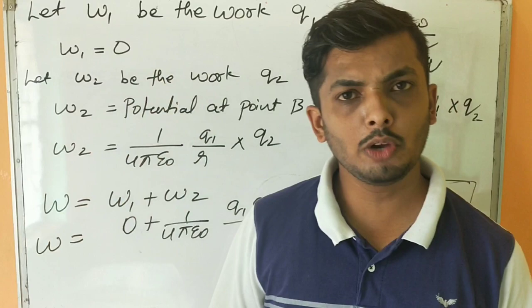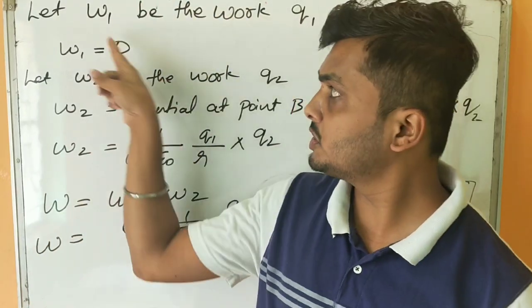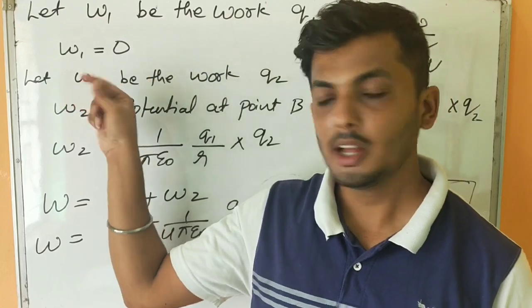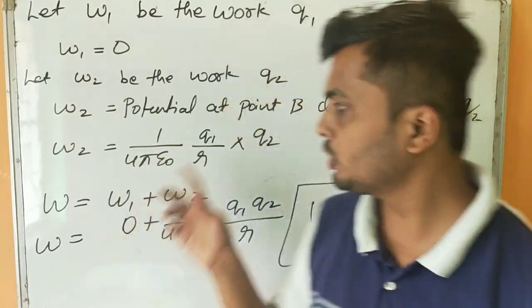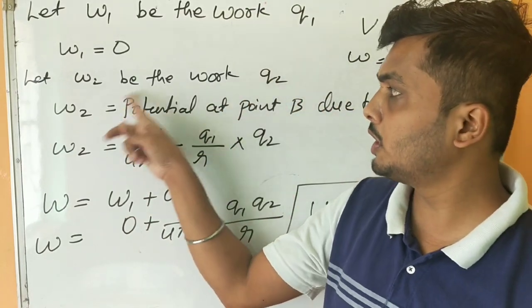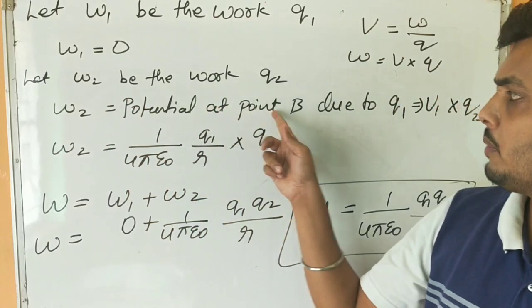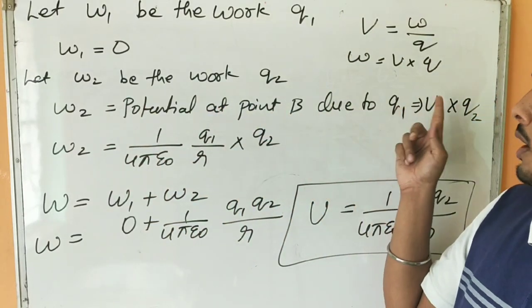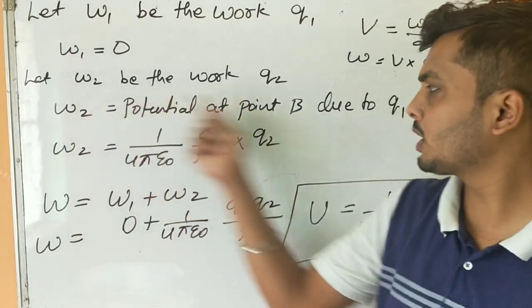W2 will be doing the work. Why? Because initially there was no external electric field. But once the charge particle Q1 came there, it exerts the electrostatic force of repulsion on the charge particle Q2. As a result, Q2 should do the work. How much work should Q2 do? Potential at point B due to Q1 into charge Q2. So what will be the work done?